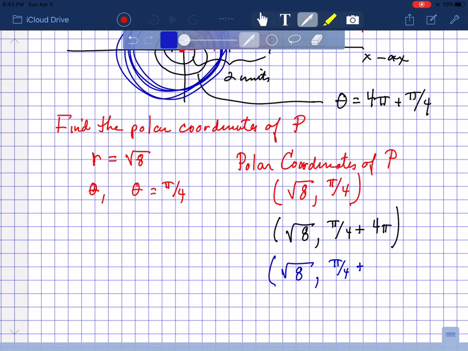So in point of fact, the polar coordinates of the point P have the form the square root of 8, comma, pi over 4, plus n times 2 pi. Okay?